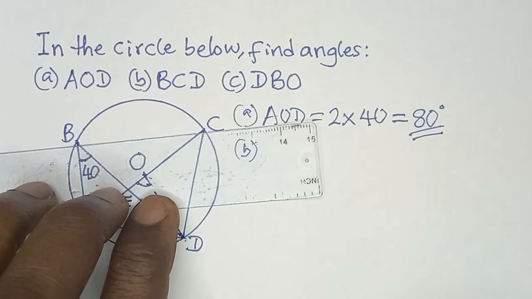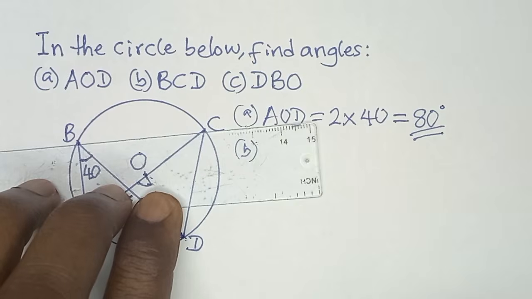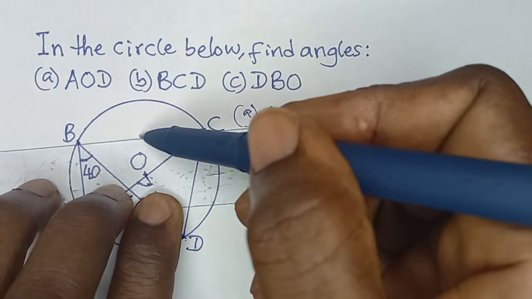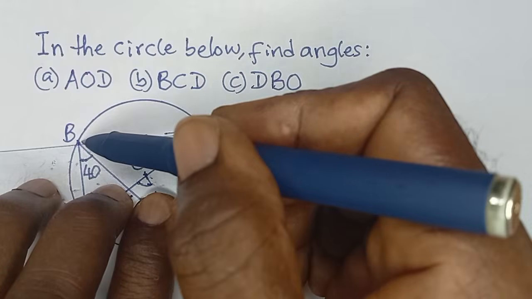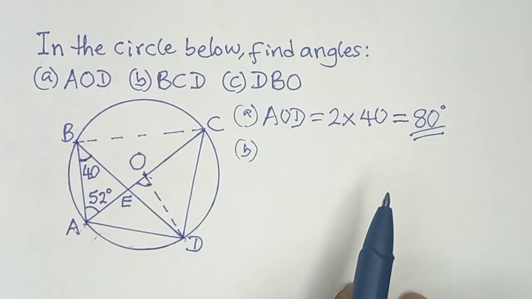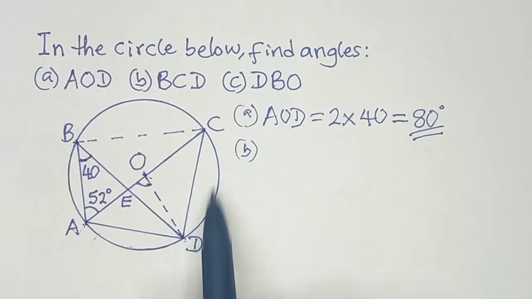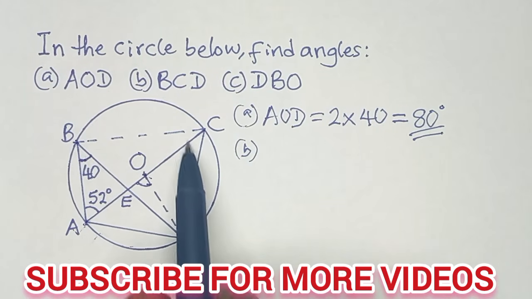So let me add the line BC to the diagram. So I have this line so that it will be easier for us to understand. Now, don't forget we are looking for the angle BCD. That is BCD. That is the whole of this angle here.